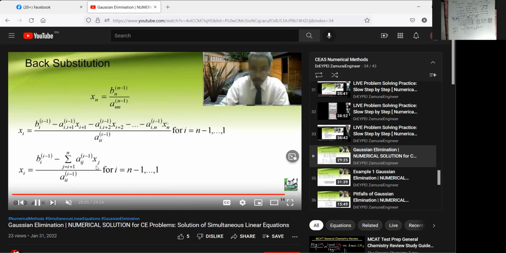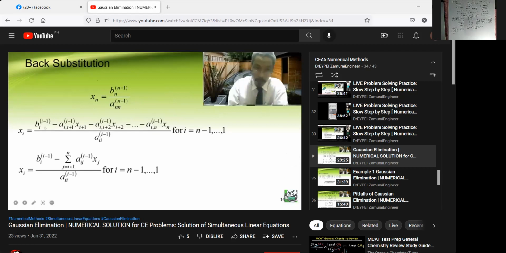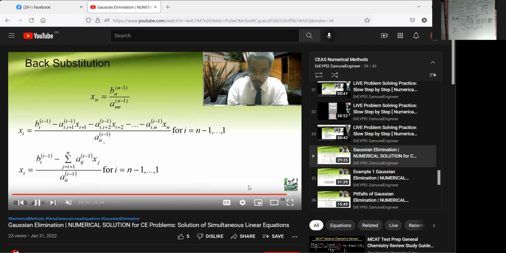Scary looking formulas, but in reality, if I show you how to do it, it is very simple. So please have a practice of Gaussian elimination.